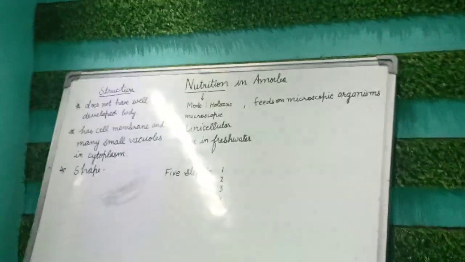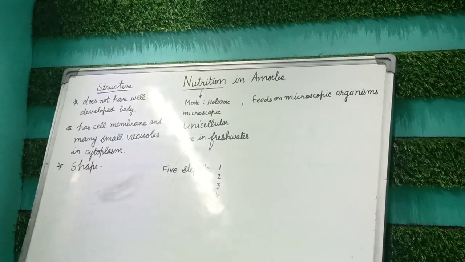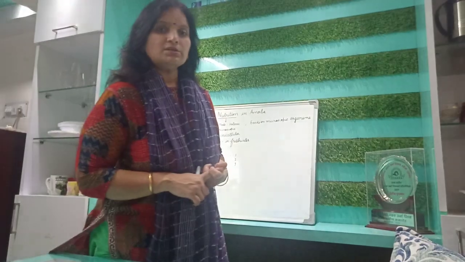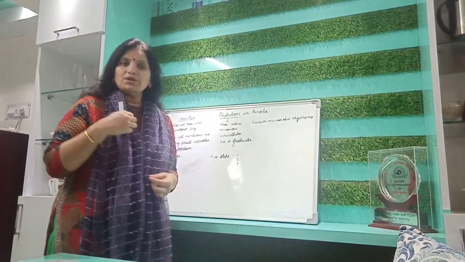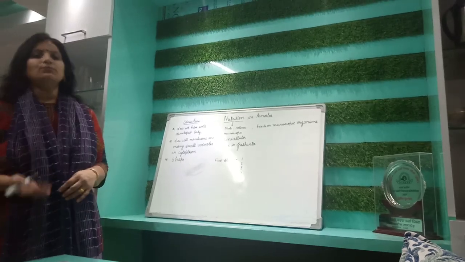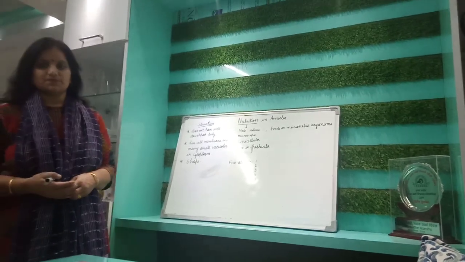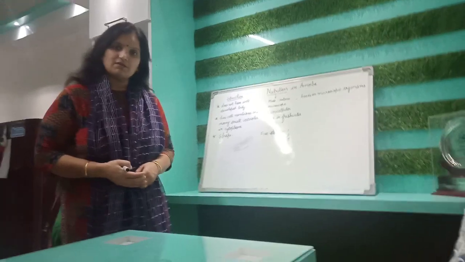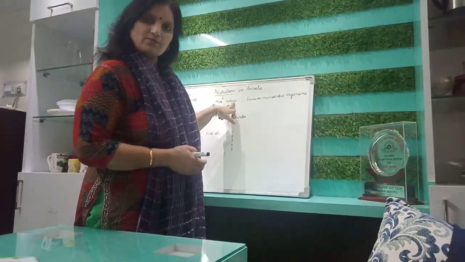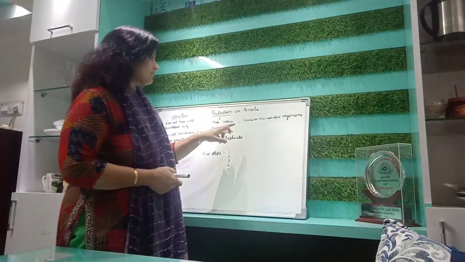What do you mean by holozoic mode of nutrition? The nutrition in which food is taken into the body and then broken down into simpler substances by the digestive enzymes is known as holozoic mode of nutrition.